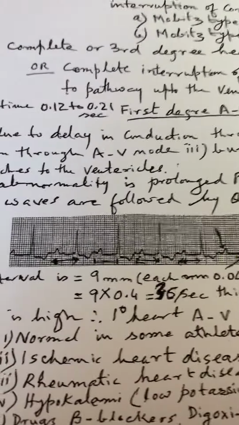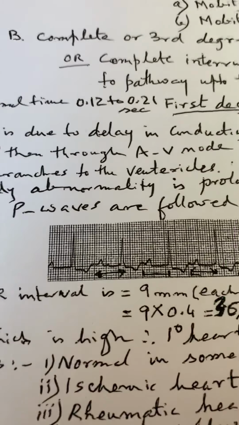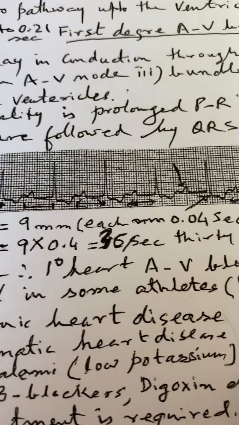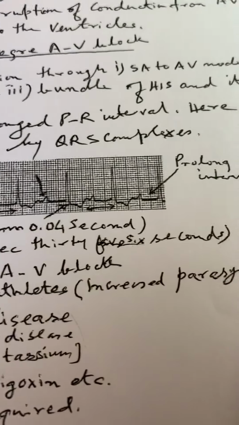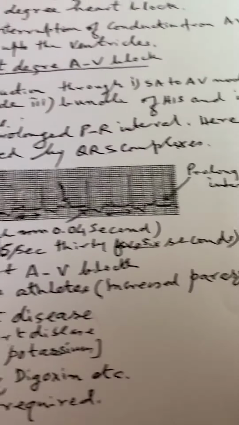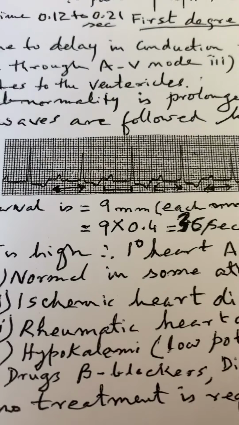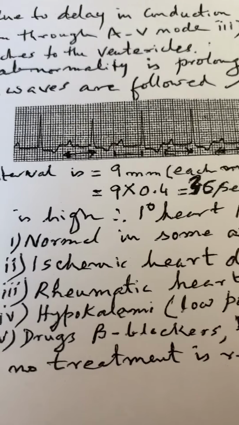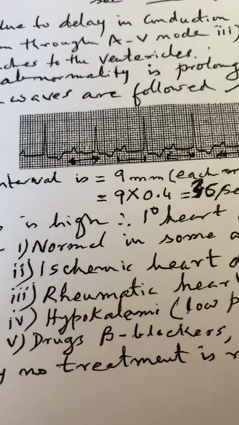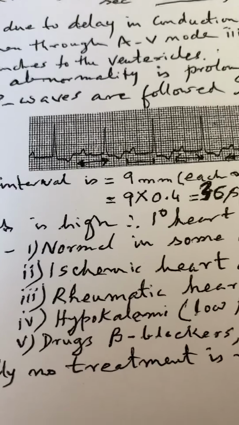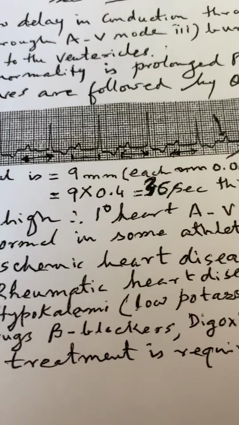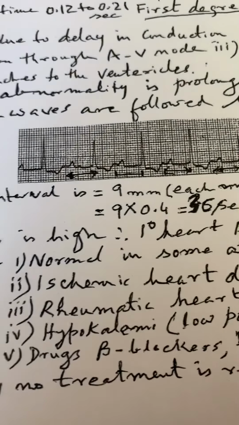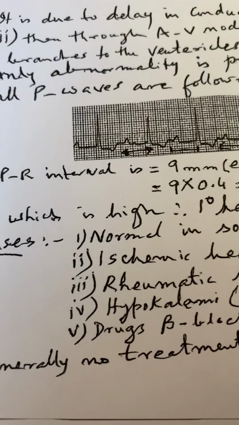Now, in what condition will we see an increased PR interval? It is sometimes seen in normal athletes due to increased parasympathetic tone. Parasympathetic tone is increased in athletes. In ischemic heart disease you may find it, in rheumatic heart disease you may find it, in hypokalemia you might see it, and if drugs like beta blockers are given for a long time, it will show an increase in the PR interval.